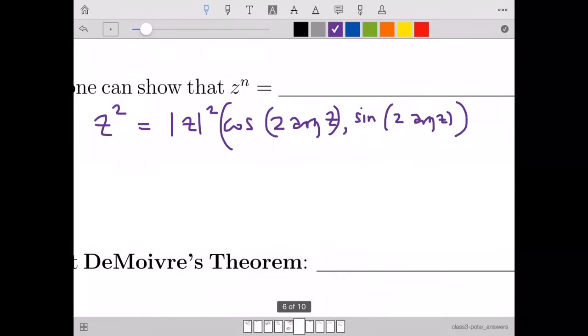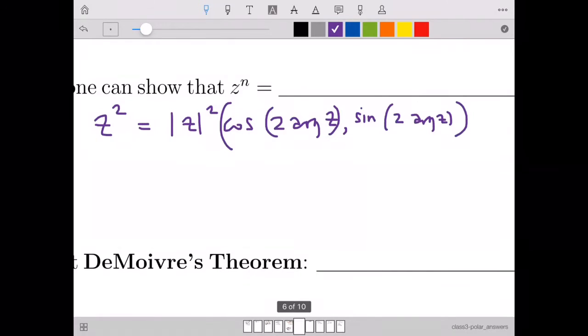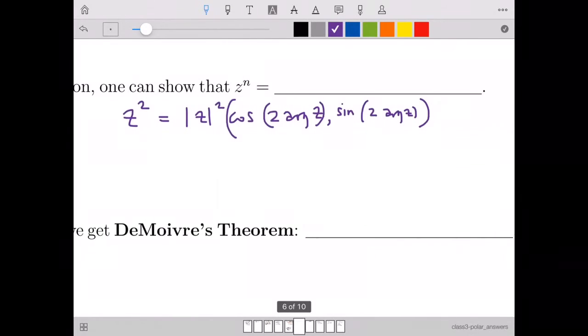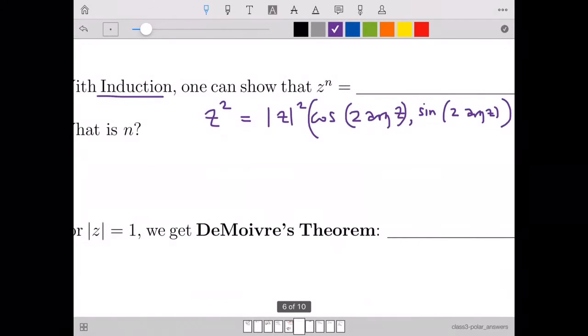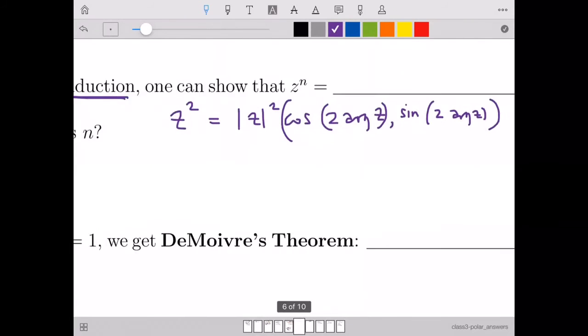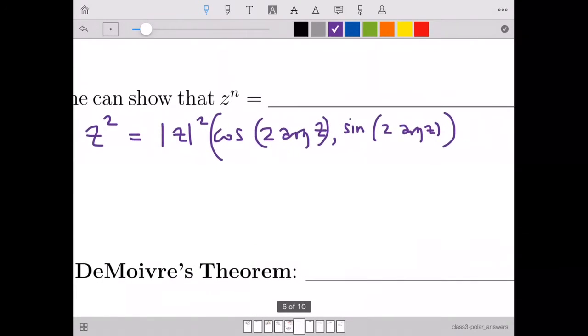That was what we derived in previous numbers. So we can show by induction, one can show this.